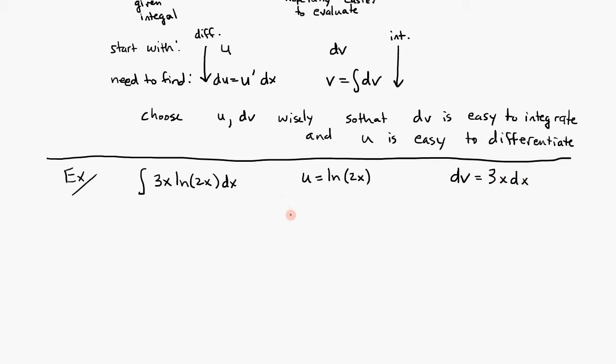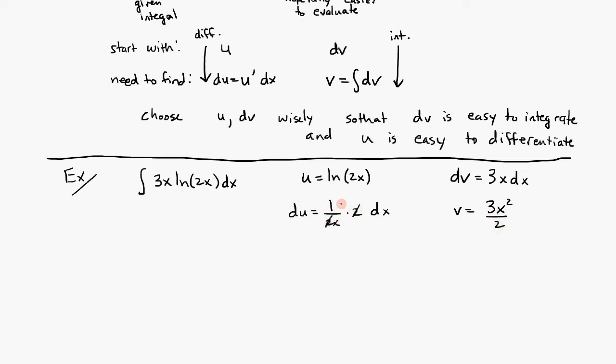Okay, so now we find du. The derivative of this using the chain rule would be 1 over 2x times 2 dx. v is the integral of this, which is 3x squared over 2.